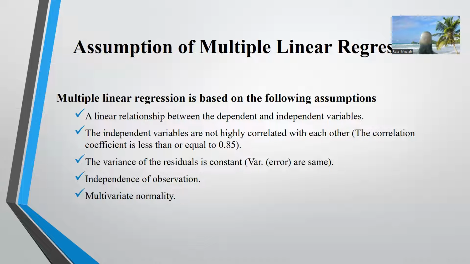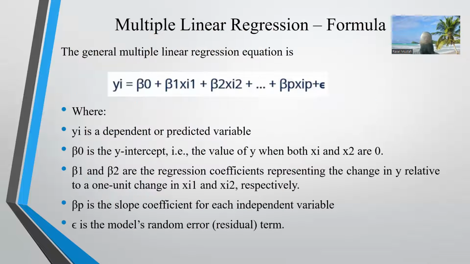Fourth is independence of observations, and fifth is multivariate normality. When you check multivariate normality, you have to use the Mahalanobis and Cook's distance.